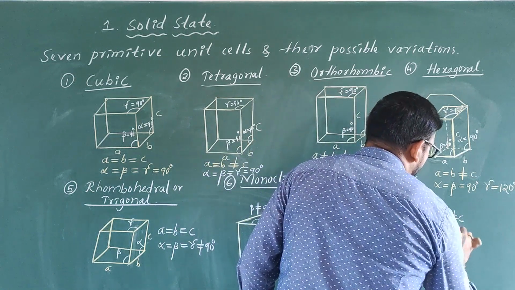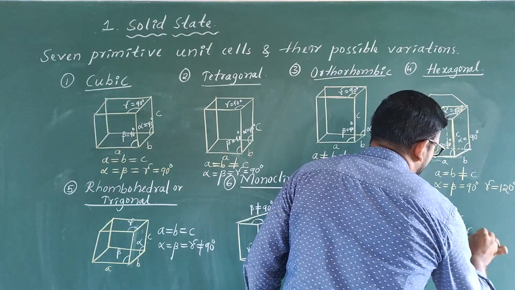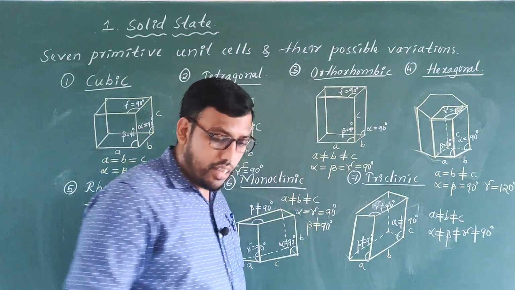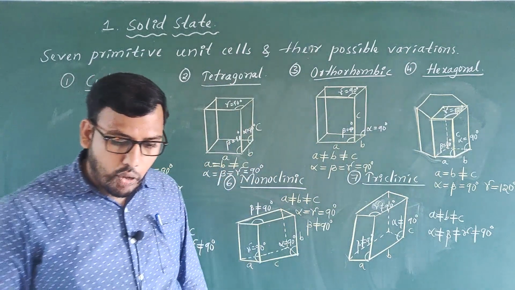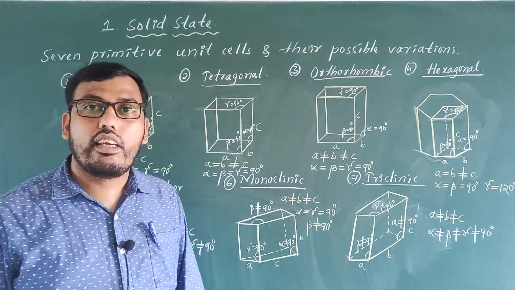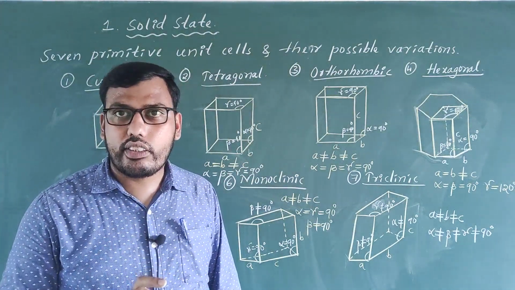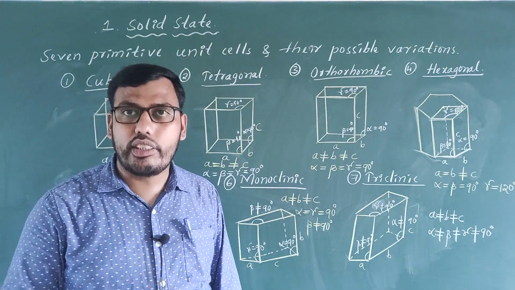Alpha is not equal to beta is not equal to gamma is not equal to 90 degree. So these are the possible arrangements of the 7 crystal systems or 7 primitive unit cells.